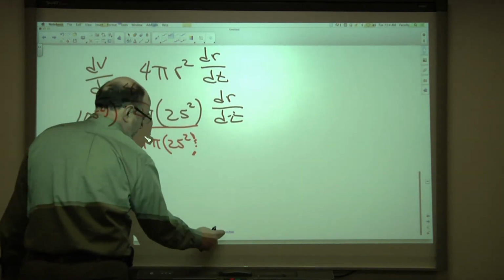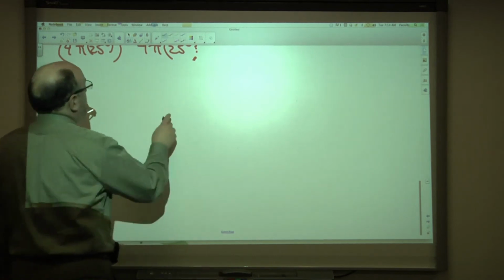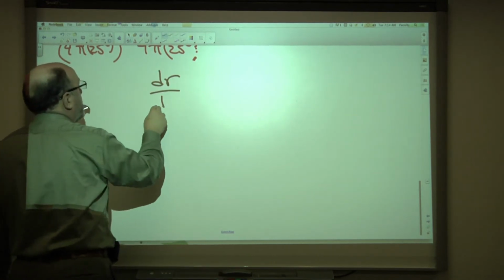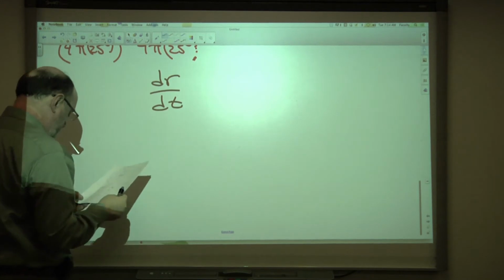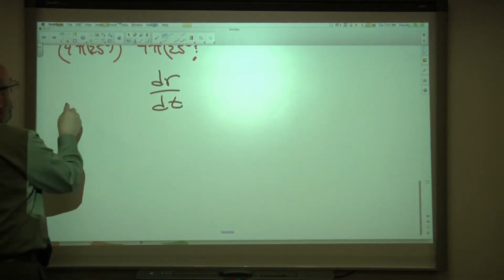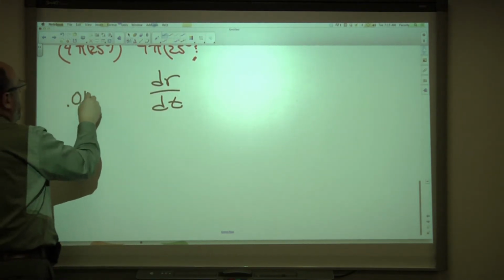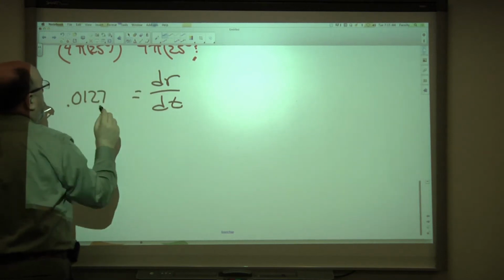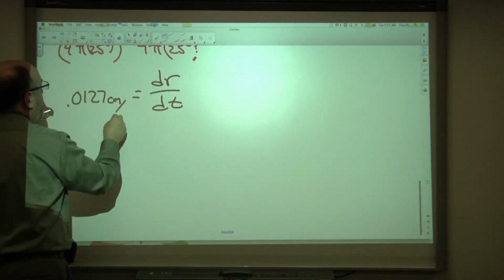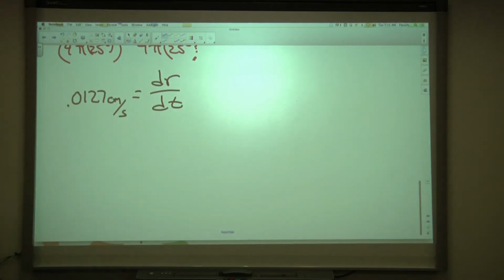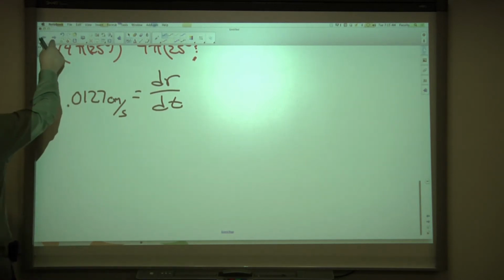And we end up that dr/dt is going to come out to be 0.0127 centimeters per second. So the radius of the balloon is changing at a rate of 0.0127 centimeters per second. Let's go through another example of how this works.